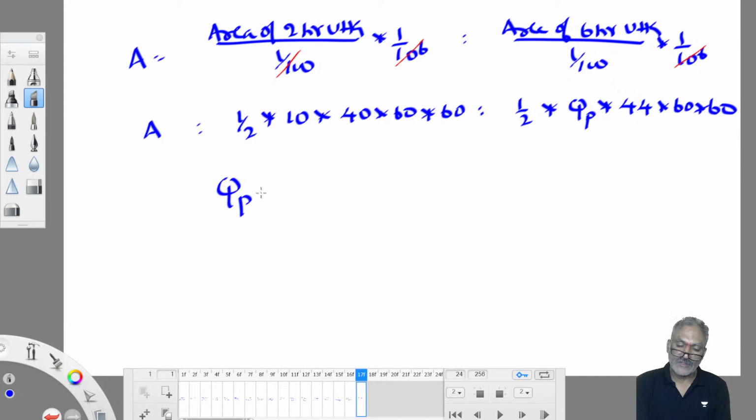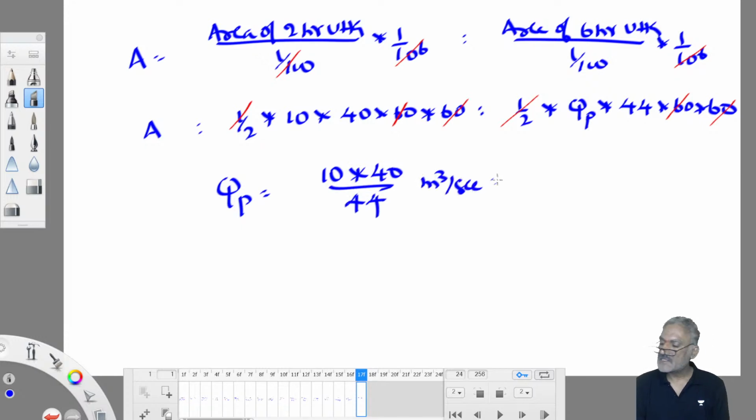Therefore half and 60 also cancel, so QP is equal to 10 into 40 by 44 meter cube per second. So it is 9.09 meter cube per second.